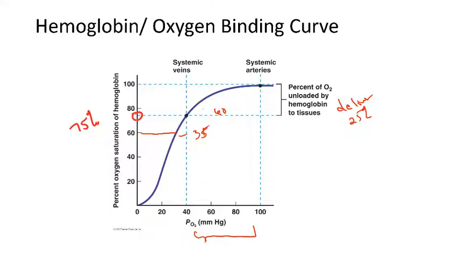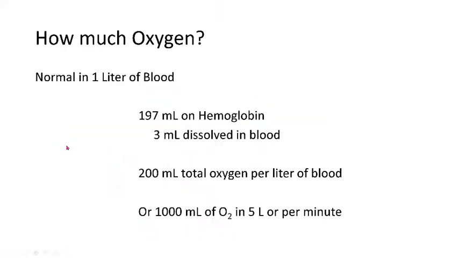But for another 5%, I can deliver another 15. So the body has a great ability to deliver more oxygen if the tissue falls even lower. Say during activity and we're using more oxygen, we can deliver more oxygen. It's there. Okay? You're not running out of oxygen.